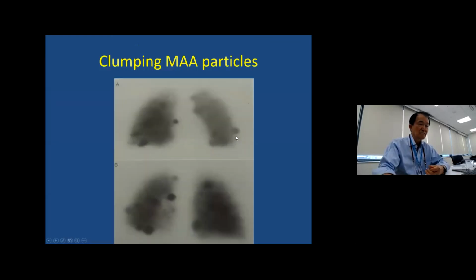But if you use an MAA particle, natural albumin particle, then you often see this hotspot. When you're infiltrating vein things, these albumin particles immediately attach to the blood clot. It shows hotspots.